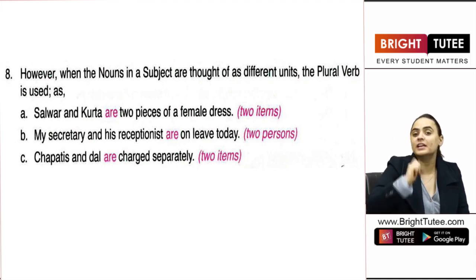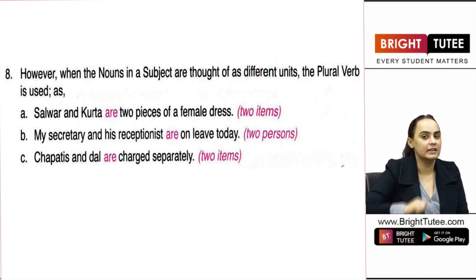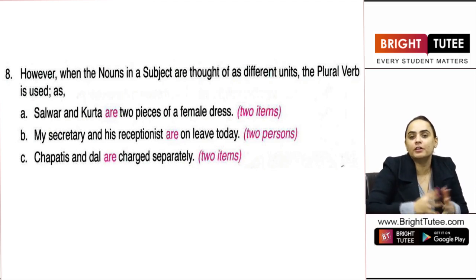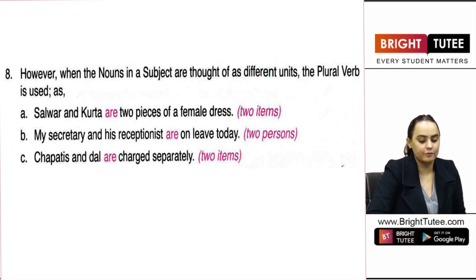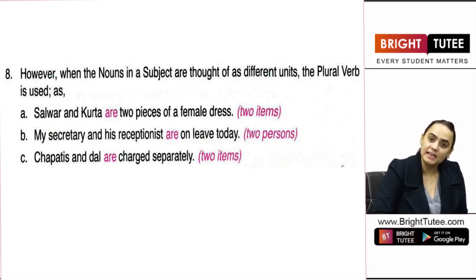But if the two nouns used together represent something different from one another, with no connection with each other, in that case the verb is going to be plural in nature.